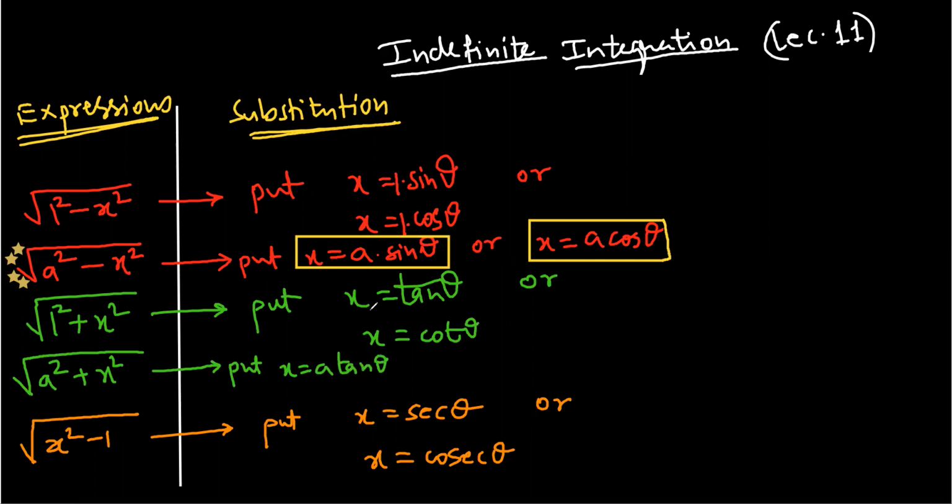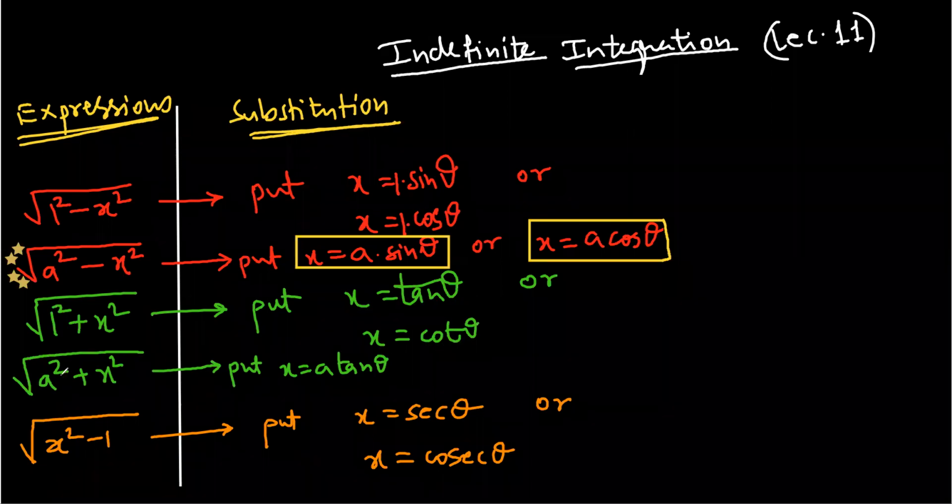Earlier what was it, my dear students? It was x equals tan theta, 1 tan theta, and x equals 1 cot theta. But now 1 is being replaced by a. That constant is a.